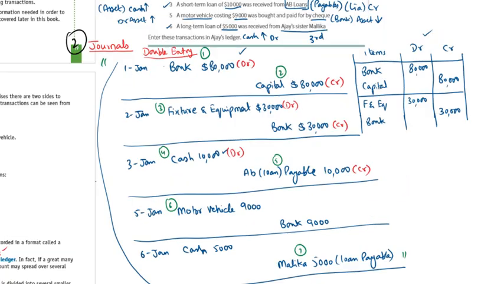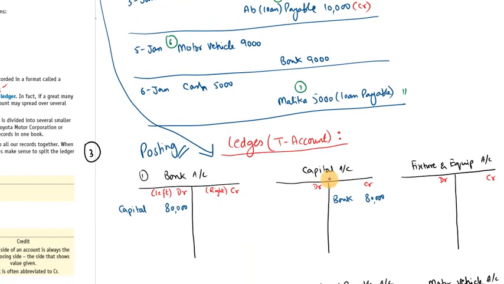So if we record this transaction from journal to ledger, capital is credit, we will write 80,000 in credit side. Because the nature of capital is credit, we record 80,000 against the bank. So this double entry will automatically complete.